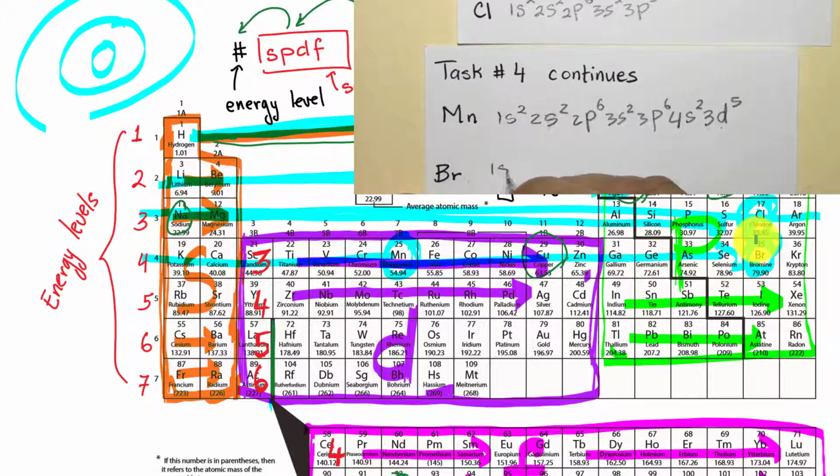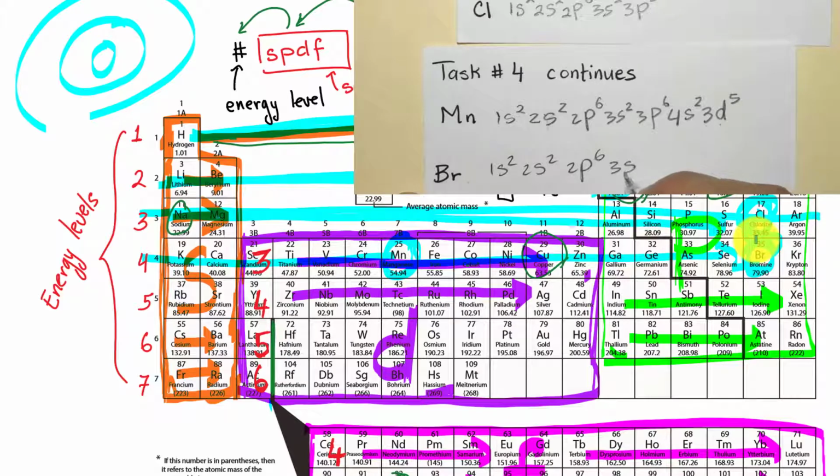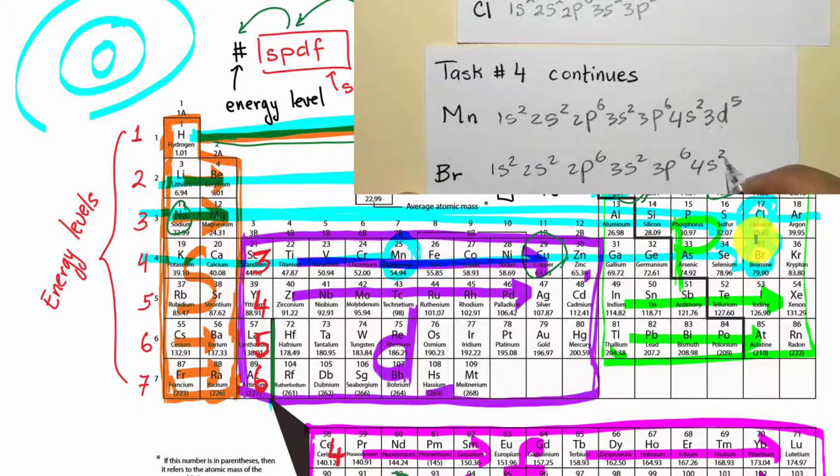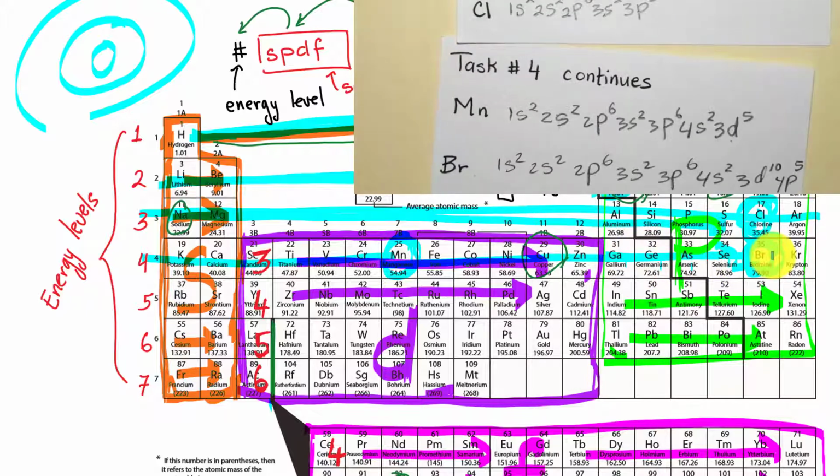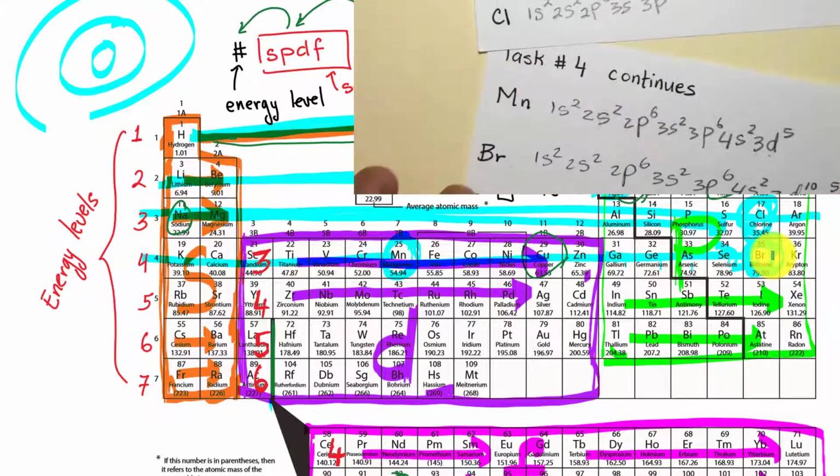So I have 1s2, 2s2, 2p6, 3s2, 3p6, 4s2, 3d10, and 3d10 is right here, but bromine is right here. So we continue, and we have now 4p what? 1, 2, 3, 4, 5. There you go. I don't even need to look at the periodic table if I know what manganese is.